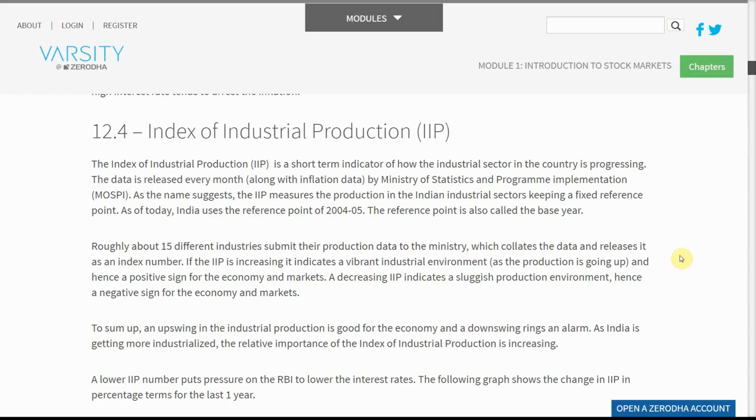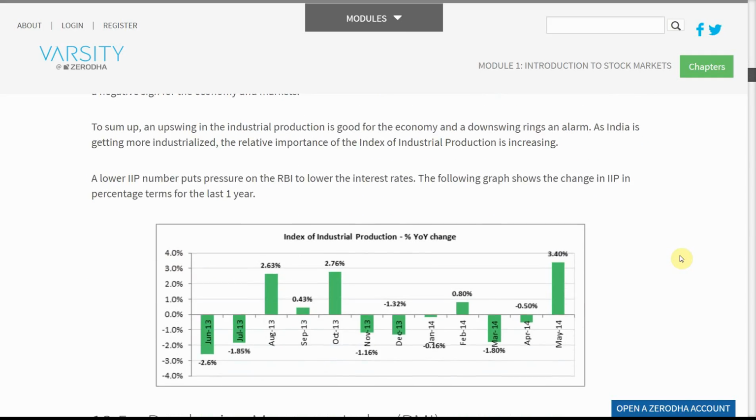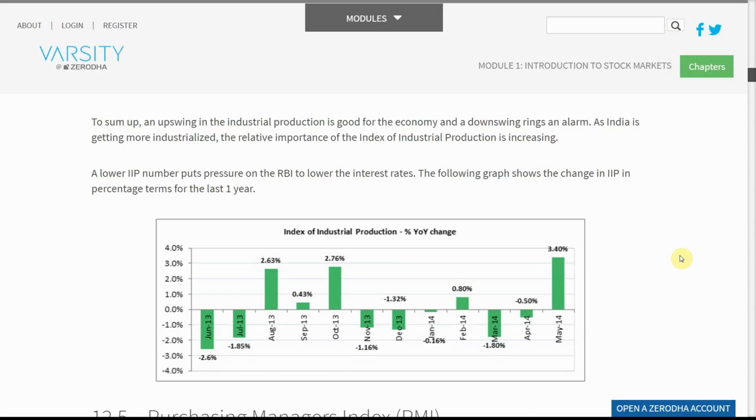To sum up, an upswing in the industrial production is good for the economy and a downswing rings an alarm, as India is getting more industrialized. The relative importance of the index of industrial production is increasing. A lower IIP number puts pressure on the RBI to lower the interest rates. The following graph shows the change in IIP in percentage terms for the last 1 year.